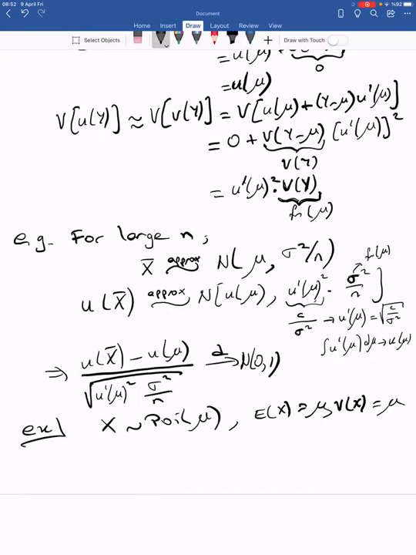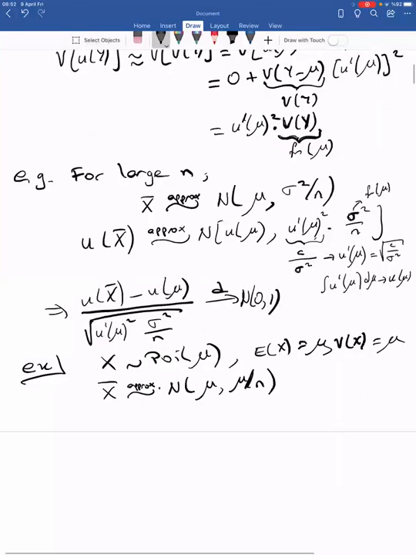Then when we approximate x bar by the central limit theorem, we know that it is normal with mean mu and variance mu over n. So when we try to create an interval for mu, when we standardize it, x bar minus mu over the square root of mu over n, this will be standard normal.